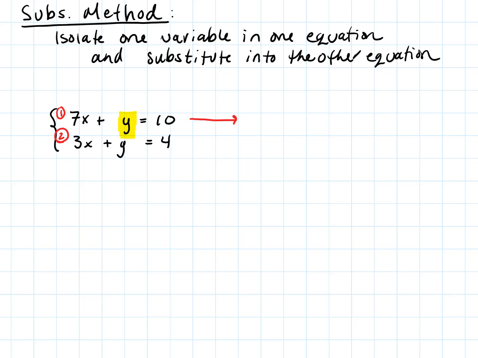So I'm going to take that y and isolate it. I'm subtracting 7x from both sides of this equation, so I end up with y equals 10 minus 7x, and that's in my first equation. Now I know that y is equal to 10 minus 7x, and I'm going to plug that into the second equation, equation number 2.